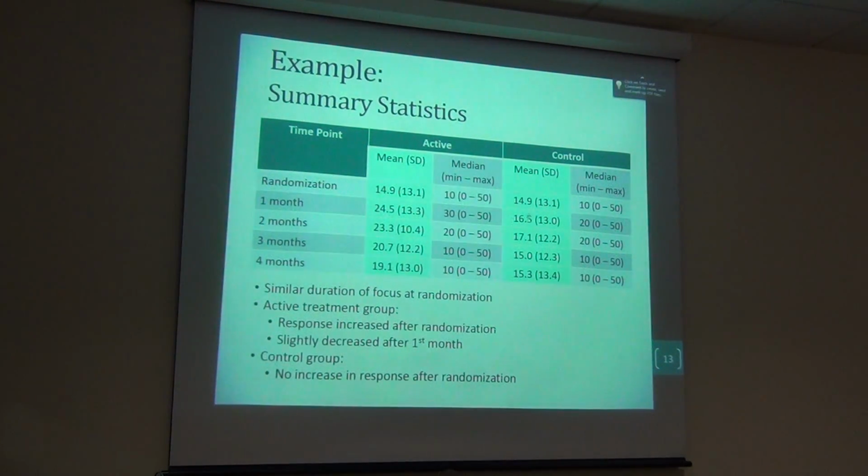Whereas in the control group, after 1 month there's just a very slight increase, and then it's pretty much stabilized very close to the duration of focus at randomization. So this is just the descriptive or summary statistics of the response at different time points.